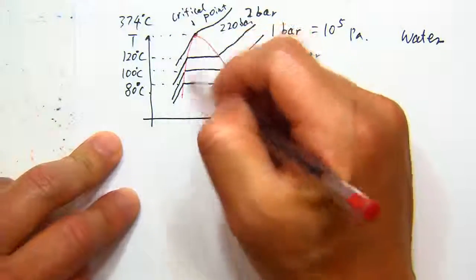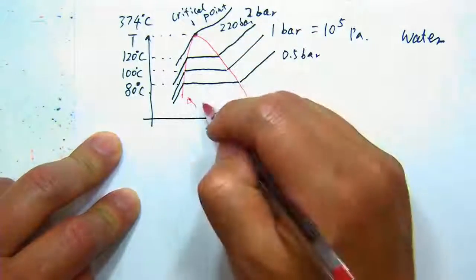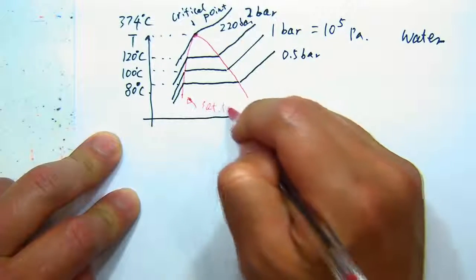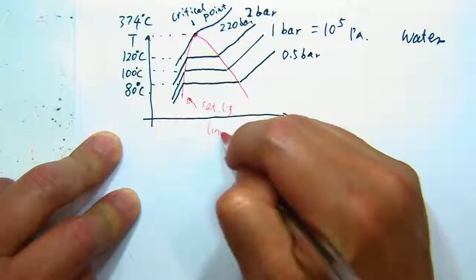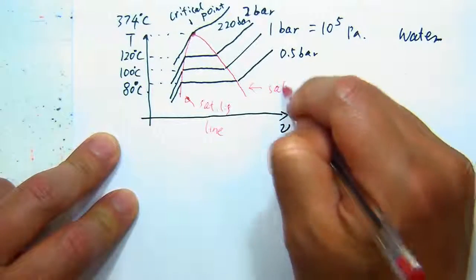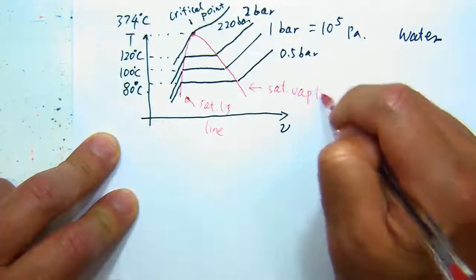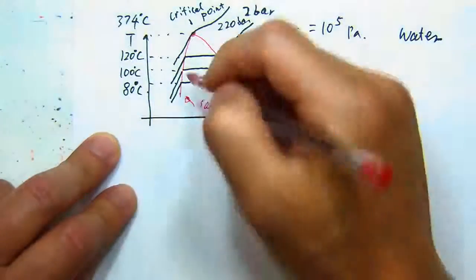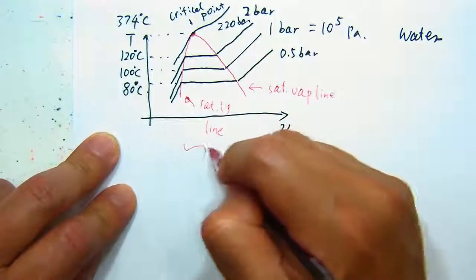On the left, as we call it, the saturated liquid line, and the other is the saturated vapor line. And the whole thing is called the saturation dome.